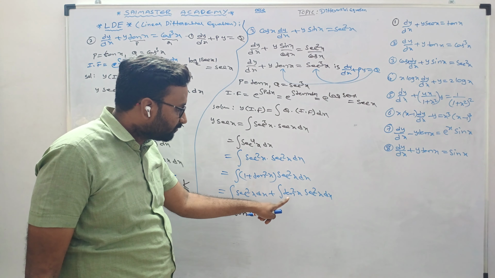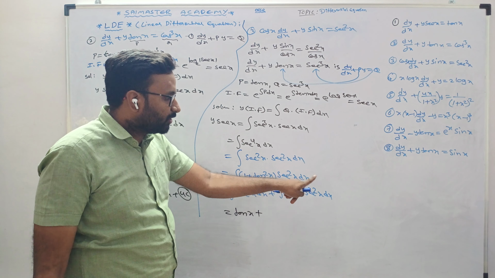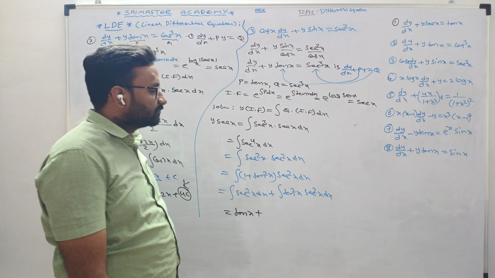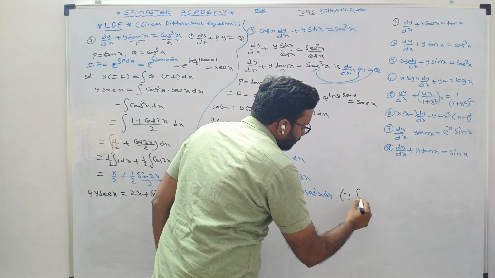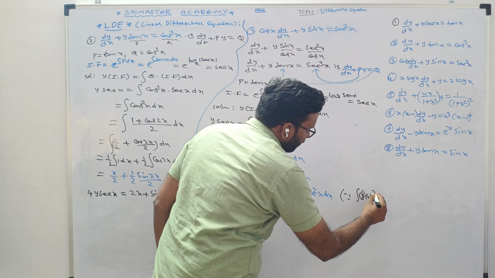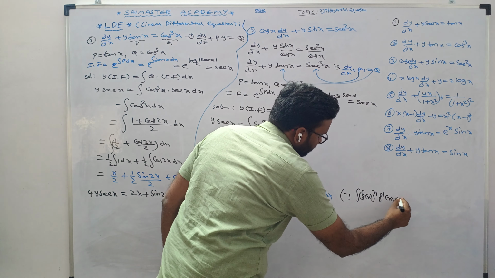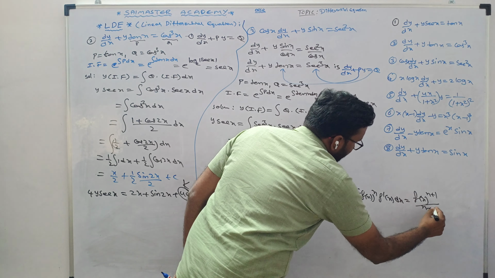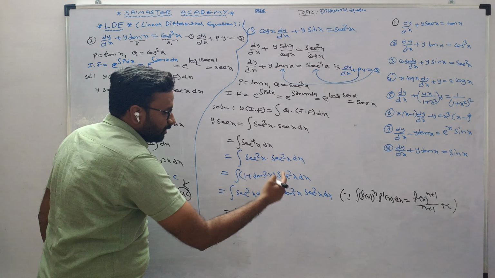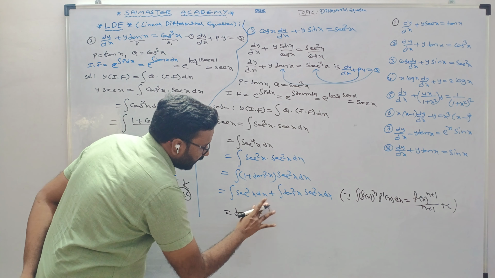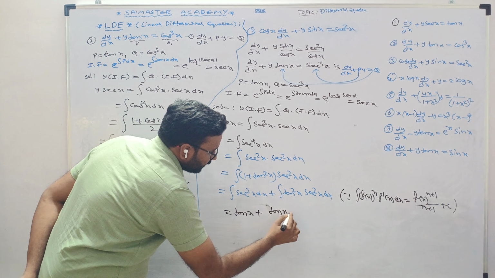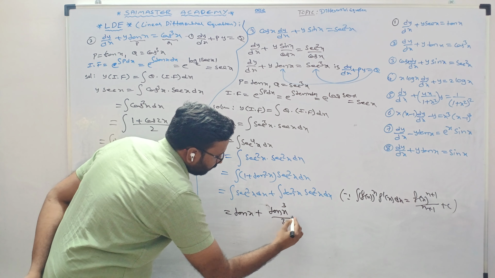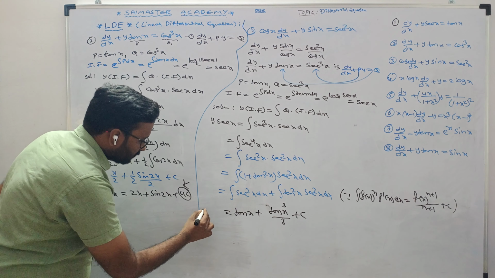This is in the form of integral of f(x) whole power n into f dash of x dx, which is f(x) whole power n plus 1 by n plus 1 plus c. Here n is 2 and f(x) is tan x, so we get tan x whole power 3 by 3 plus c, and on the left we already have y into secant x.